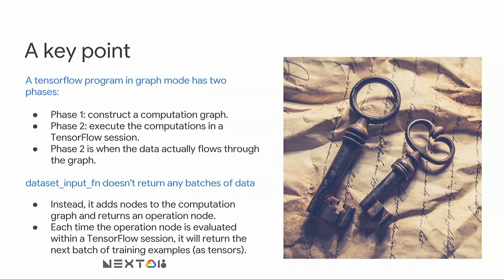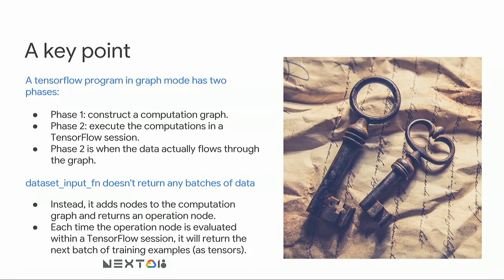In graph mode, they have two phases. In phase 1, you construct a computation graph, but no data is flowing through the graph yet. Then in phase 2, you execute the computation within a TensorFlow session. And this is when data actually flows through the graph. So in our function, dataset input function, as it's implemented, it doesn't return any batches of data yet. But instead, what it does is add nodes to the TensorFlow computation graph.